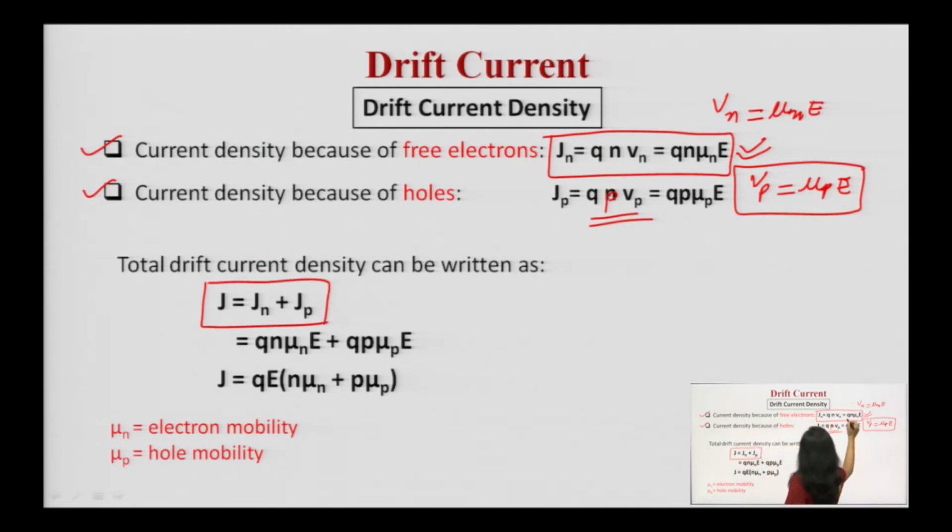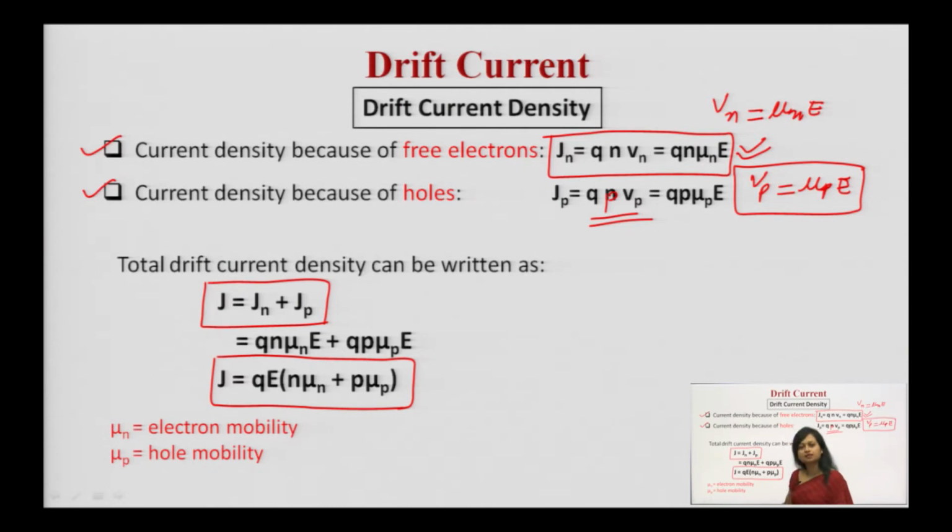Jn is Q n mu n into E. Jp is Q p mu p into E. Q and E are the common factors. So what is the equation you are getting? J is equal to Q into E, n times mu n plus p times mu p. And you are aware of each and every term over here.